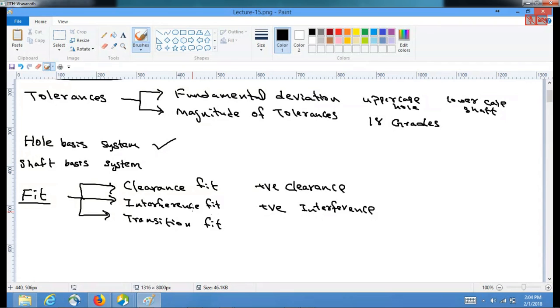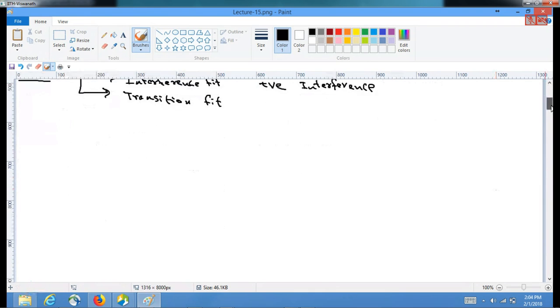Okay, so those are the things which we reviewed from the last class, and in today's class, as we promised, we'll go to the design for dynamic loads.